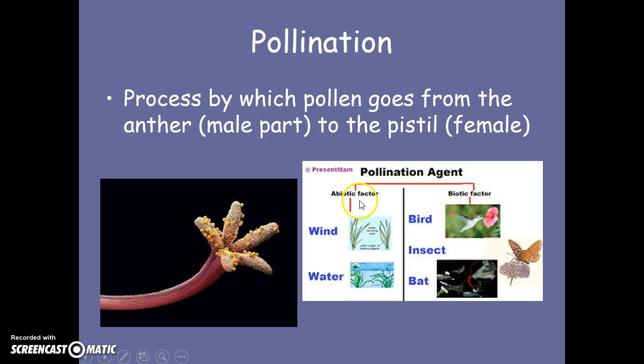How does that happen? It can happen abiotically. In other words, wind and water can get the pollen onto the stigma, or it can happen biotically, which is animals. Birds, insects, bats, people, anything can transfer pollen from the anther onto the pistil or the stigma. That's pollination.